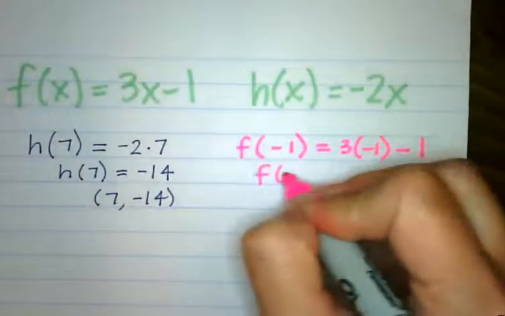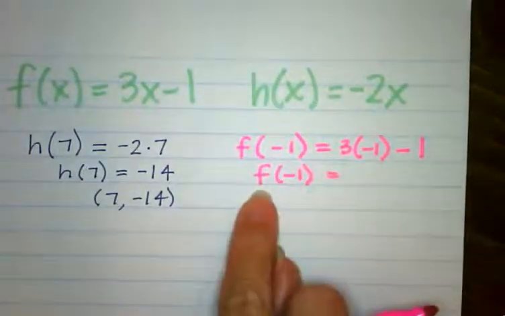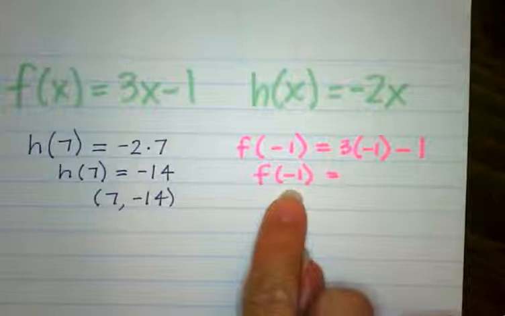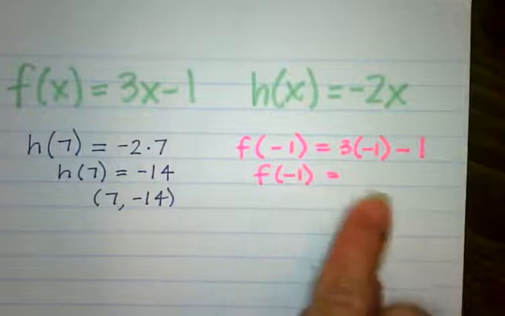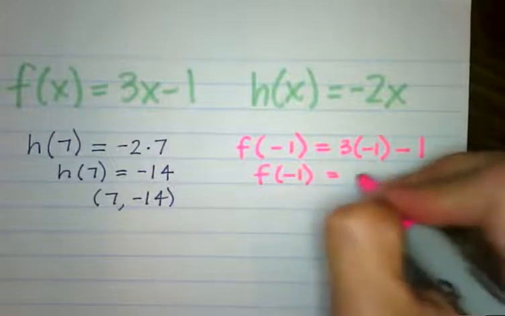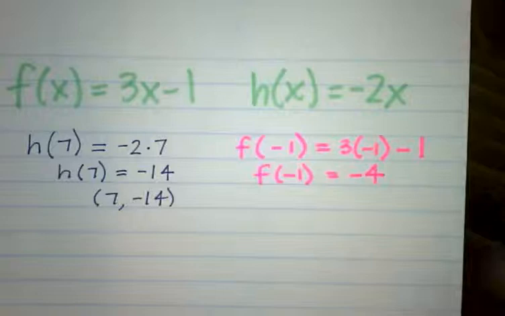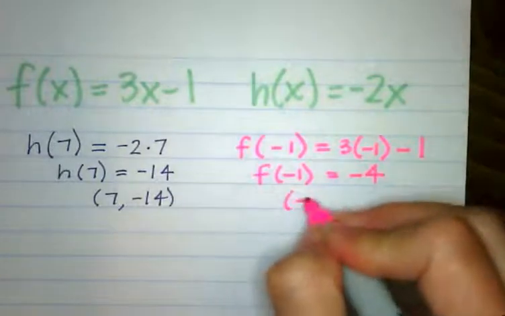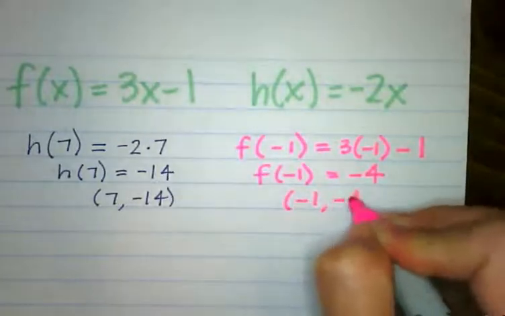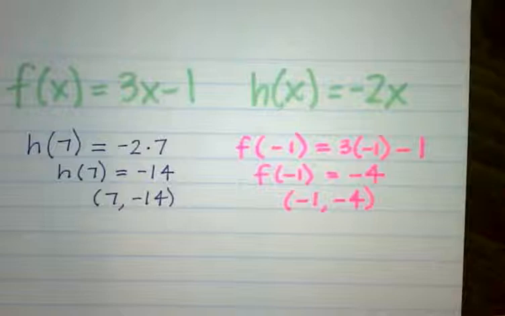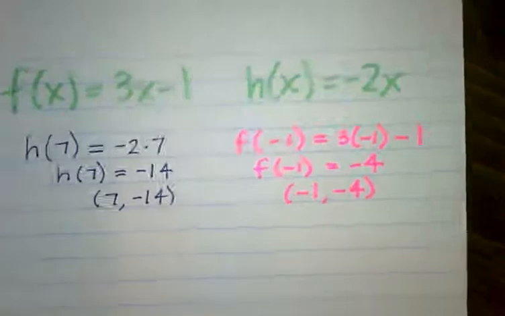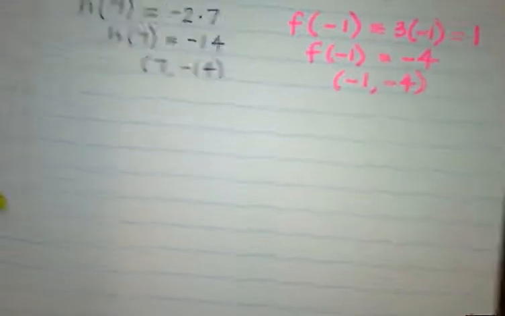So that tells me that when I used the function labeled f and I filled in a negative 1 for x, I ended up getting an answer of negative 4. So this could become the ordered pair negative 1, negative 4. So that's a quick review of what we did on, I guess that was Tuesday.